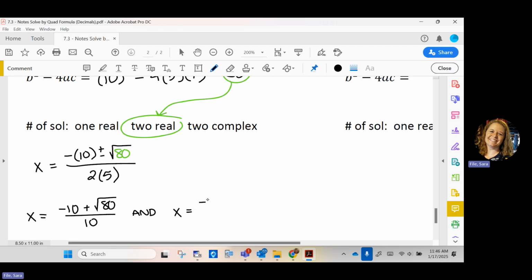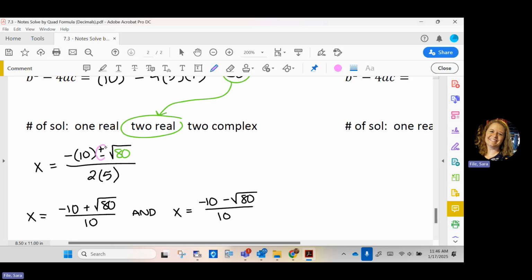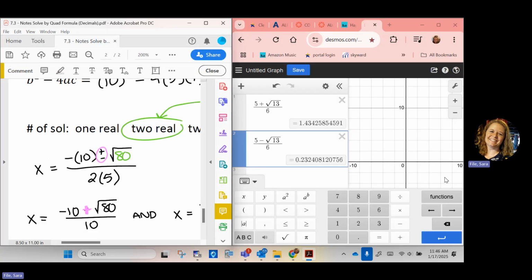I'll do the same thing, but changing this to a minus square root of 80. So again, I kind of just took out one step here to save some writing. I'm going ahead and splitting it in the same step where I simplified. So now I'm going to type that in.